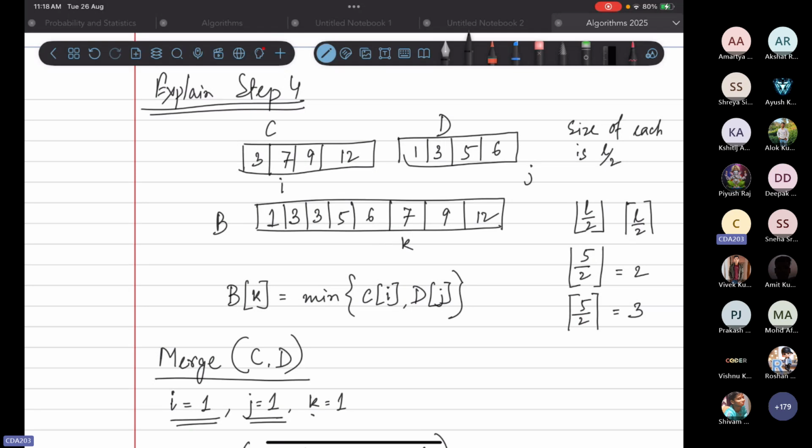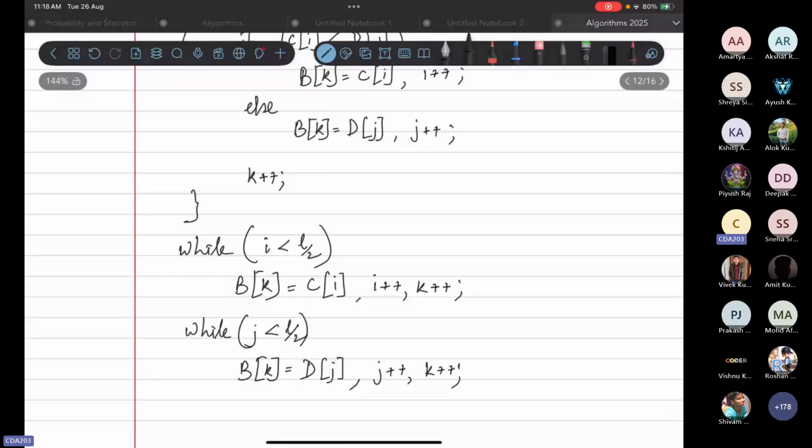Sir, what do the last two while loops do? Okay, the last two while loops: this is the situation when all the elements of the D array have already been copied into the B array, but you are left with a few elements in the C array. And in the last while loop, you have copied all the elements of the C array into the B array, but a few elements of the D array still remain, and you just copy all of those elements into the B array.